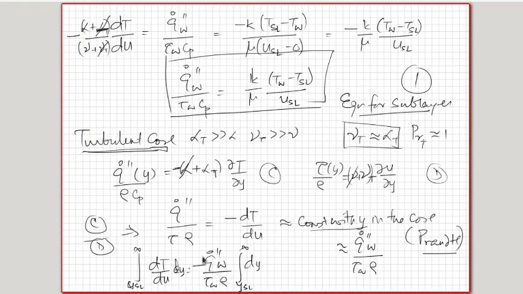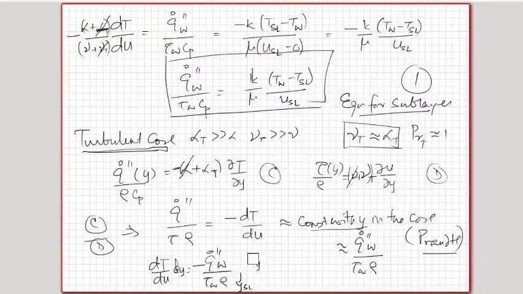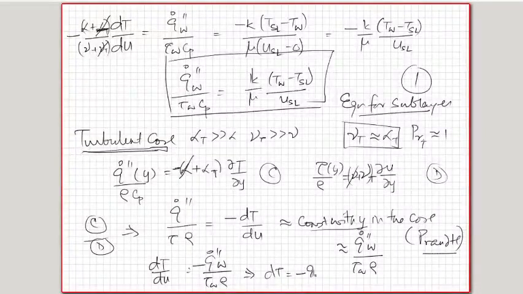Now what we actually do is separate the variables from the left hand side to the right hand side. So let me not write the integration here, it will come in the next step. This is the expression that we have. I take the du to this side. dT is equal to minus q dot double prime wall divided by tau wall rho into du.